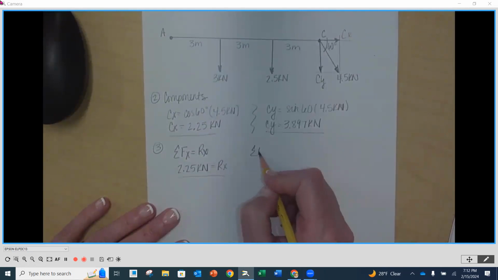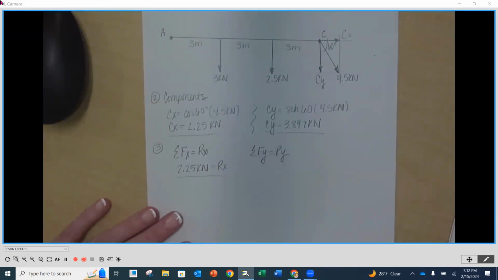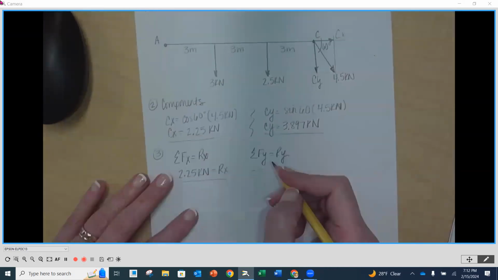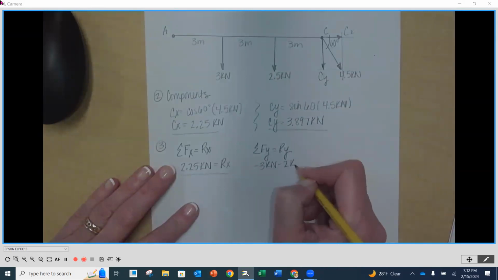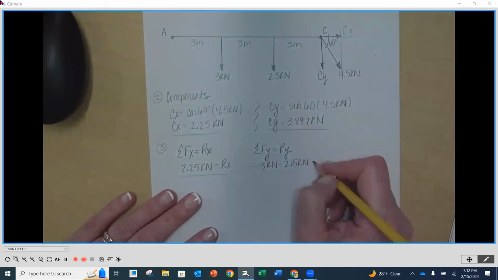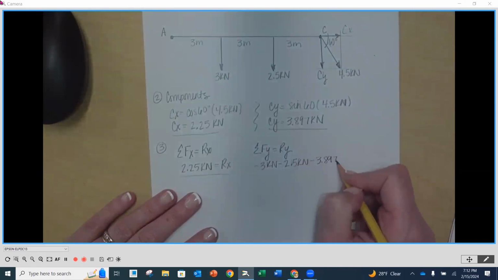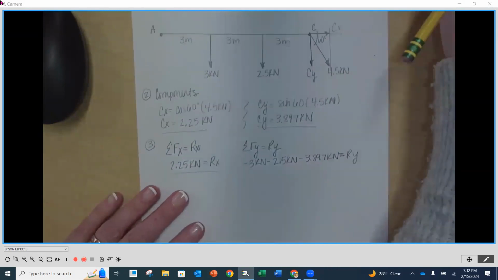Then we're going to sum our forces in the Y direction equal to our Ry component: negative 3 kilonewtons, negative 2.5 kilonewtons, and a negative CY, 3.897 kilonewtons, is equal to our Ry component.